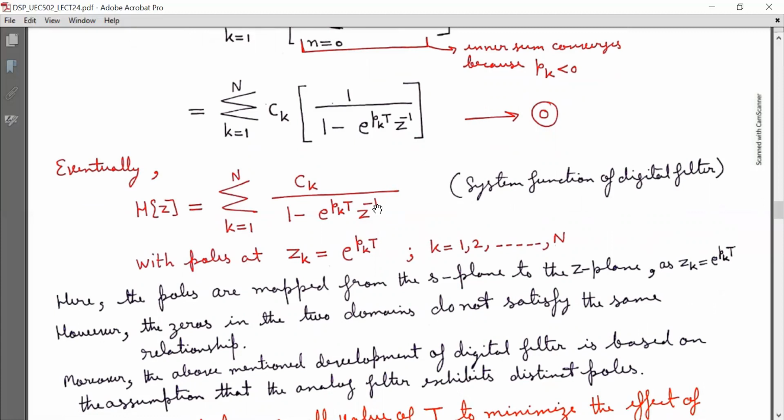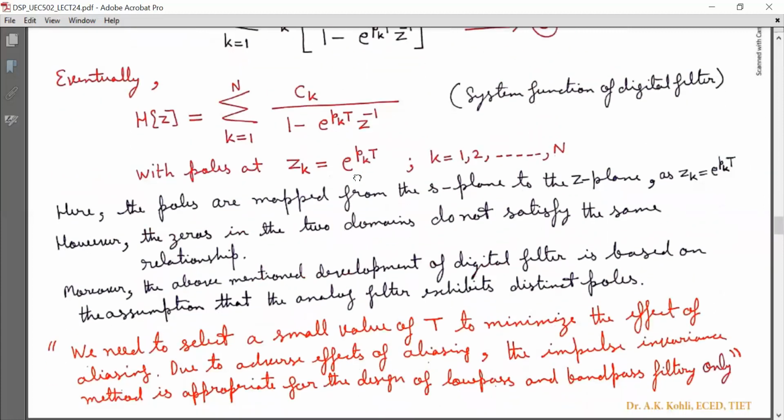Moreover, the above mentioned development of the digital filter is based on the assumption that the analog filter exhibits distinct poles.